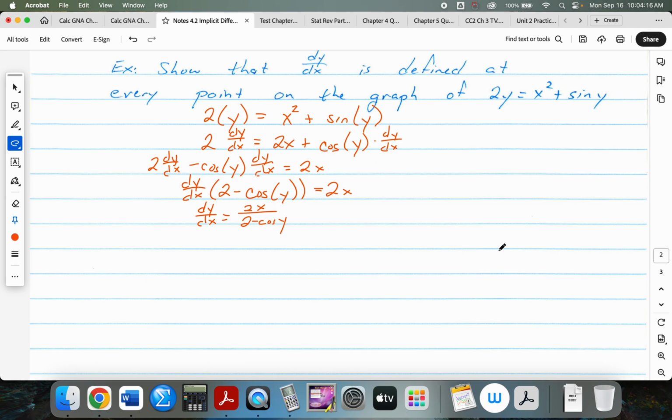But is 2 minus cosine of y ever going to be equal to 0? Well, no, because the most cosine could be would be 1. So the least that this could be would be 1. Therefore, dy/dx is defined at every point.